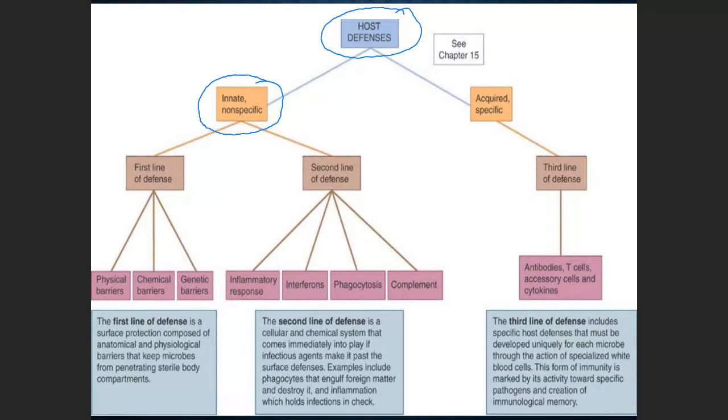It means that these defense mechanisms will fight any type of infection. It is not specific. So it fights against any type of infection. This is what we call non-specific.